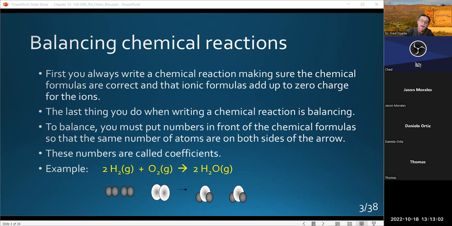So it would be incorrect to write H plus O reacting to give us H2O. Hydrogen does not exist by itself. Hydrogen can react as an element by itself, but it's not very stable. It has a very short lifetime. So you have to realize that hydrogen is diatomic.